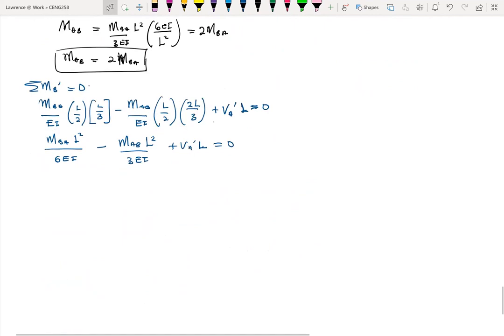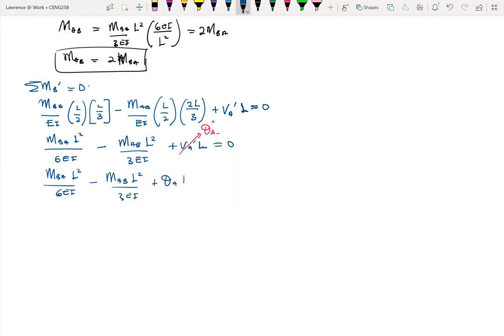So I can just replace this one here by theta A, so that then I have MBA L squared over 6EI minus MAB L squared over 3EI plus theta A times L equals 0.